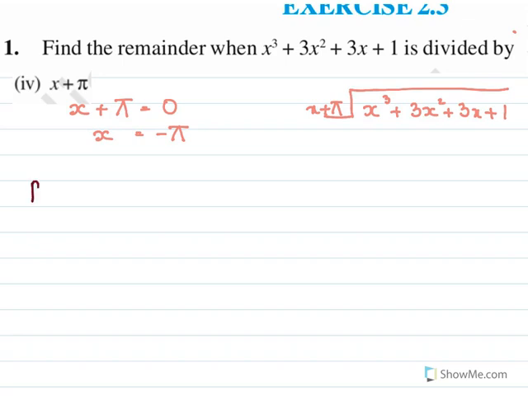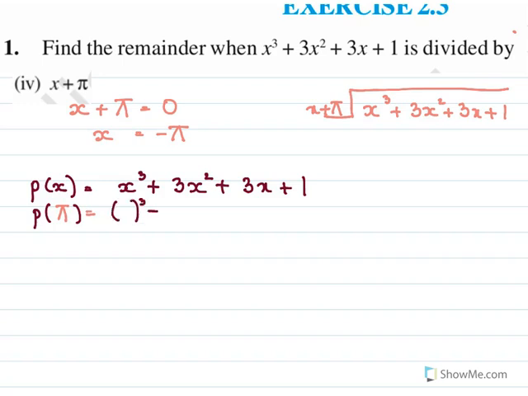Now p of x equal to x cube plus 3x square plus 3x plus 1. Now we need to find the remainder, so we find p of minus pi, and wherever there is x, we will put minus pi.